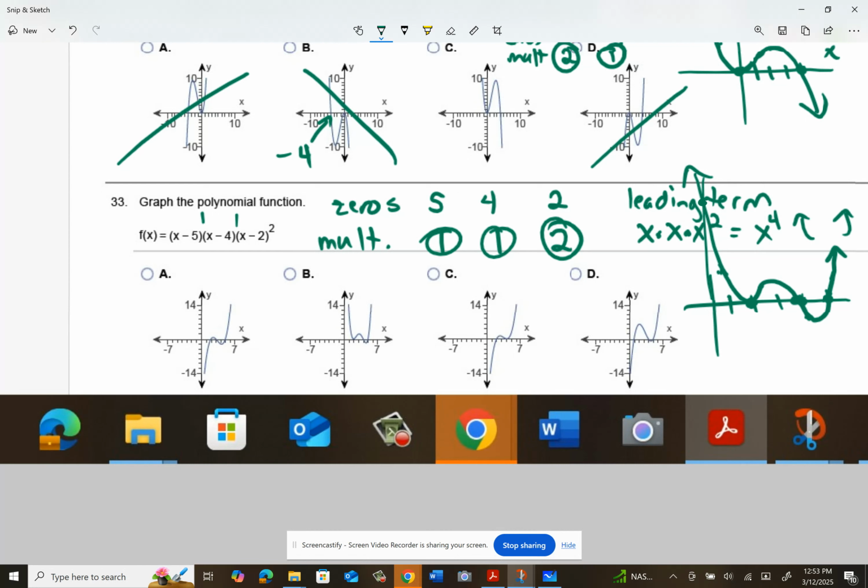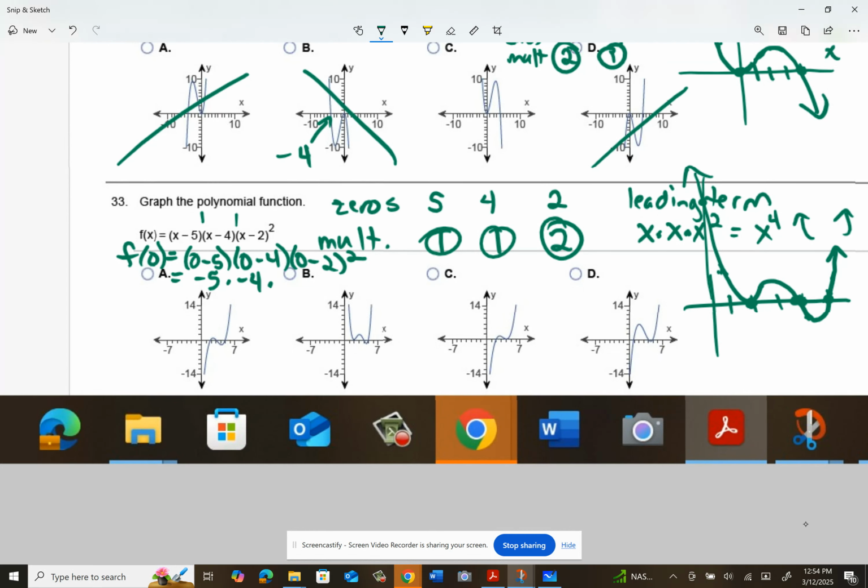Now, this y-intercept up here I could find to be able to label that. I can put a 0 in for x, or I can take all the constants and multiply them together. So this would be negative 5 times negative 4 times negative 2 squared.